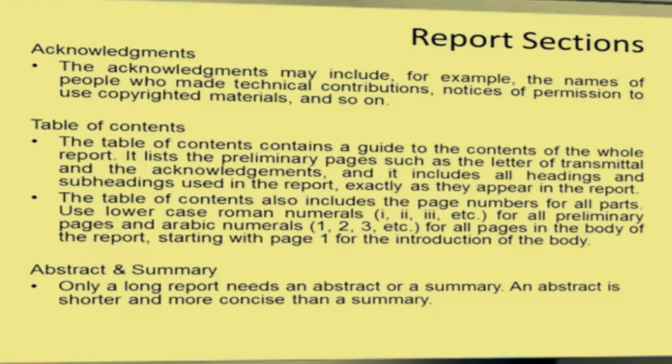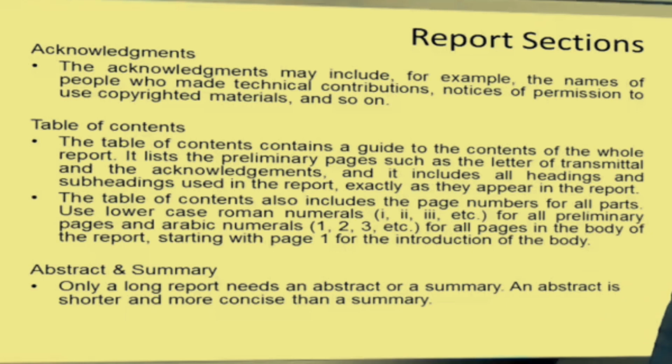This may be taken into consideration here that we use the lowercase Roman numerals for all preliminary pages and the Arabic numerals for pages in the body of the report, starting with page 1 for the introduction of the body. This is very important to understand why the Roman and Arabic numerals are used here.